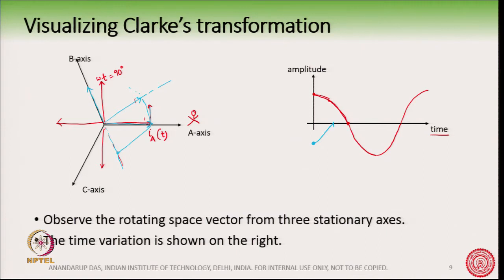So, in total, after 120 degree in time, the projection on the B axis will be maximum.